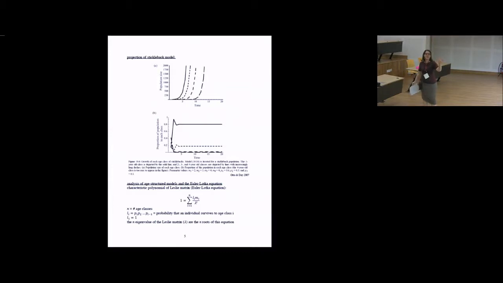So one of the things that it lets you do, however, is make some analyses of how things should change over time. And for that, you just use some basic results from matrix theory. So one of the nice things about this particular type of matrix is that the characteristic equation is very, very simple and leads to a really simple result.